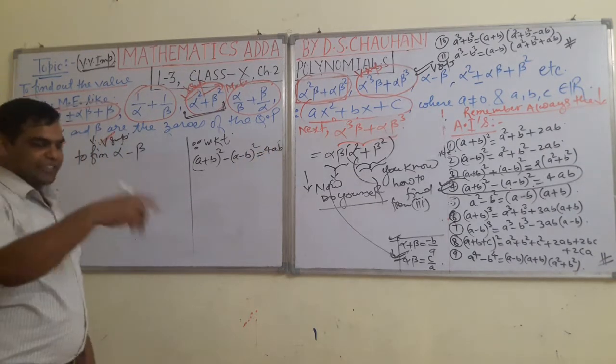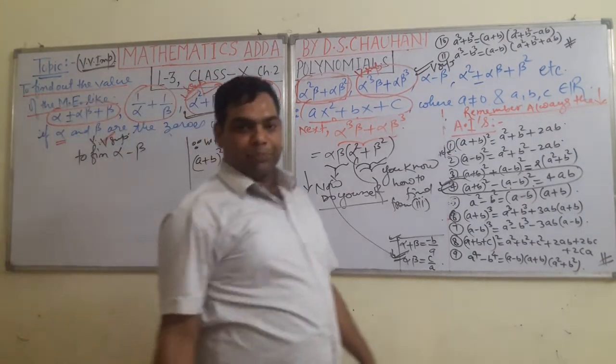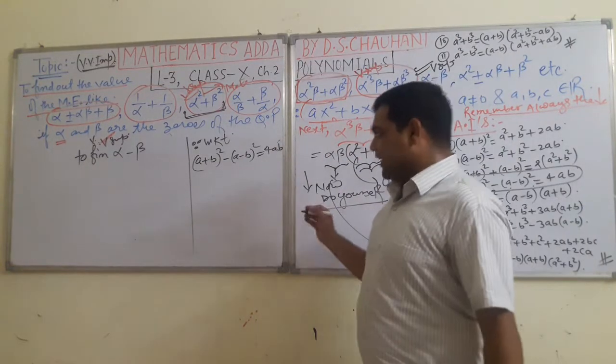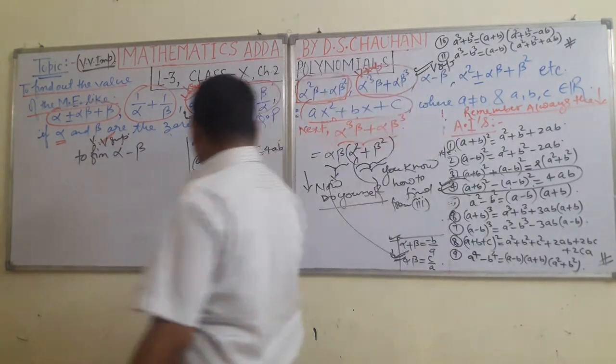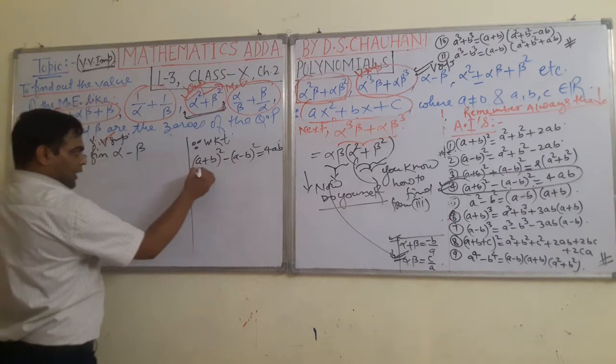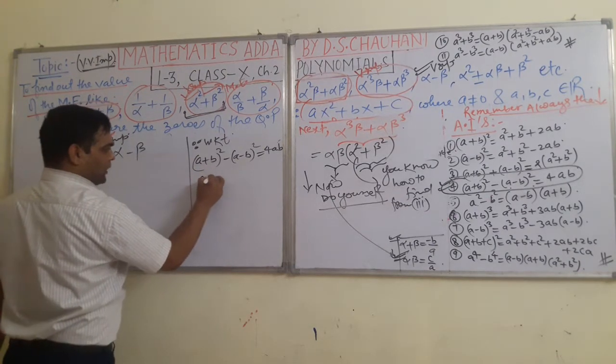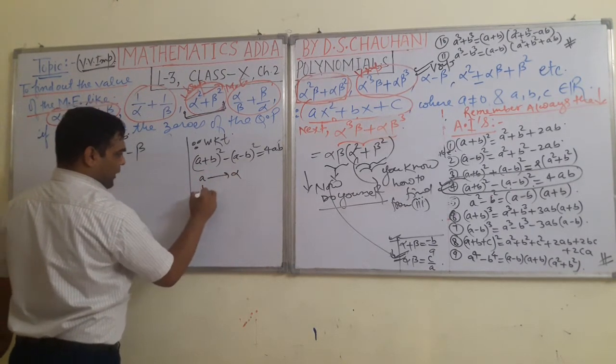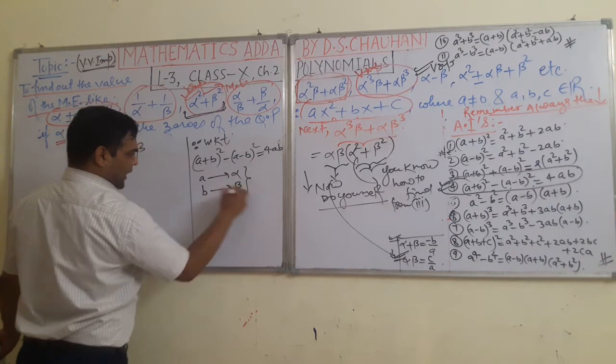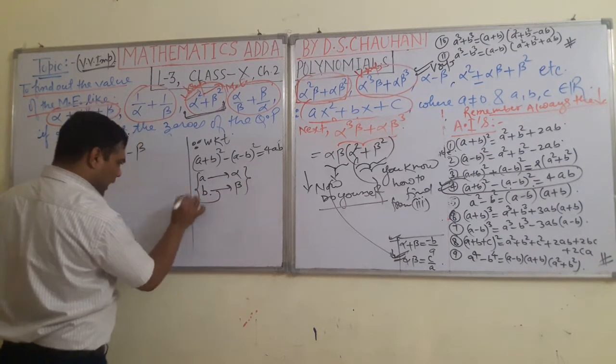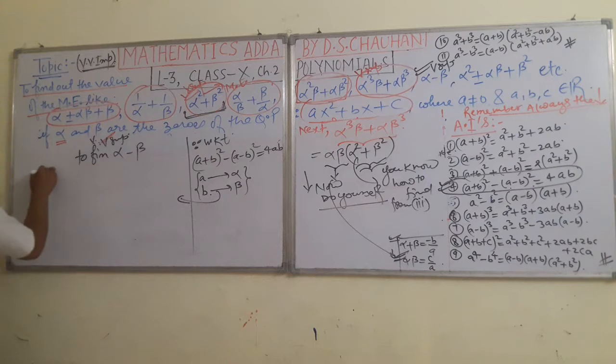In class 8th standard, this is present in the chapter algebraic identities. So students, in place of a suppose it is alpha, in place of b suppose it is beta. So what can this formula be?